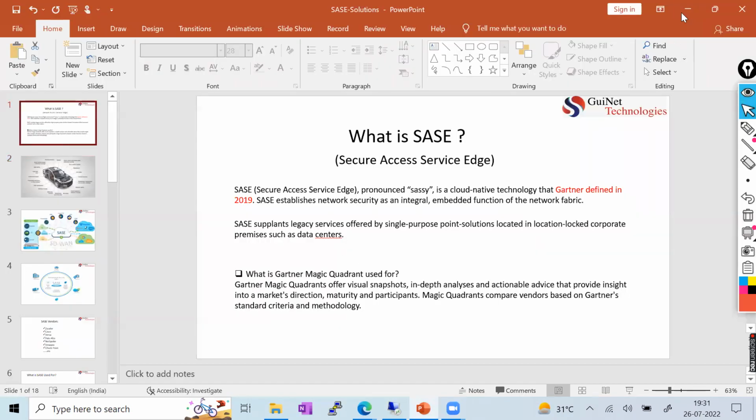So today we'll have a very good discussion on a very important topic nowadays, when you are talking about the software defined network, that is SDN. It has different components.